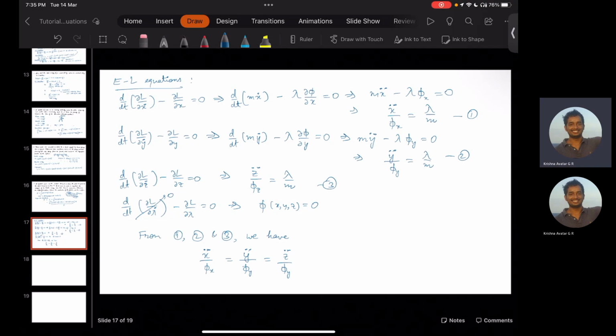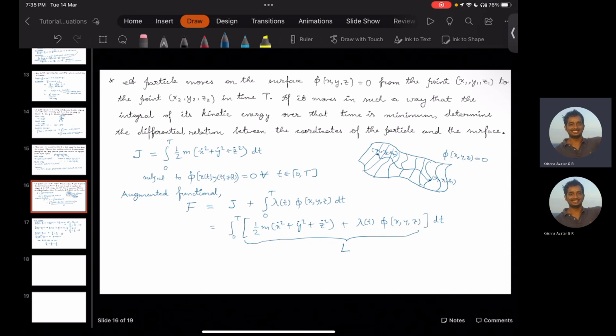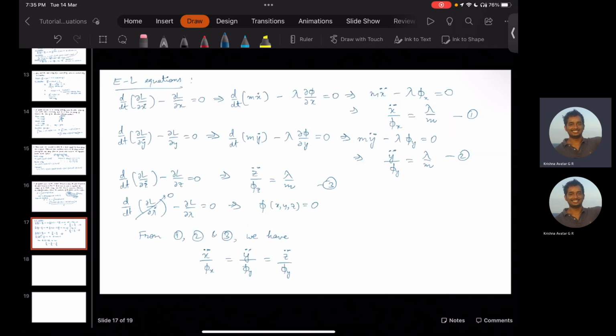So this is our relation. Our goal was to obtain the differential relation between the coordinates of the particle and the surface, isn't it? So this is the equation that links the differentials of the coordinates to the derivatives of the function for the surface, right?